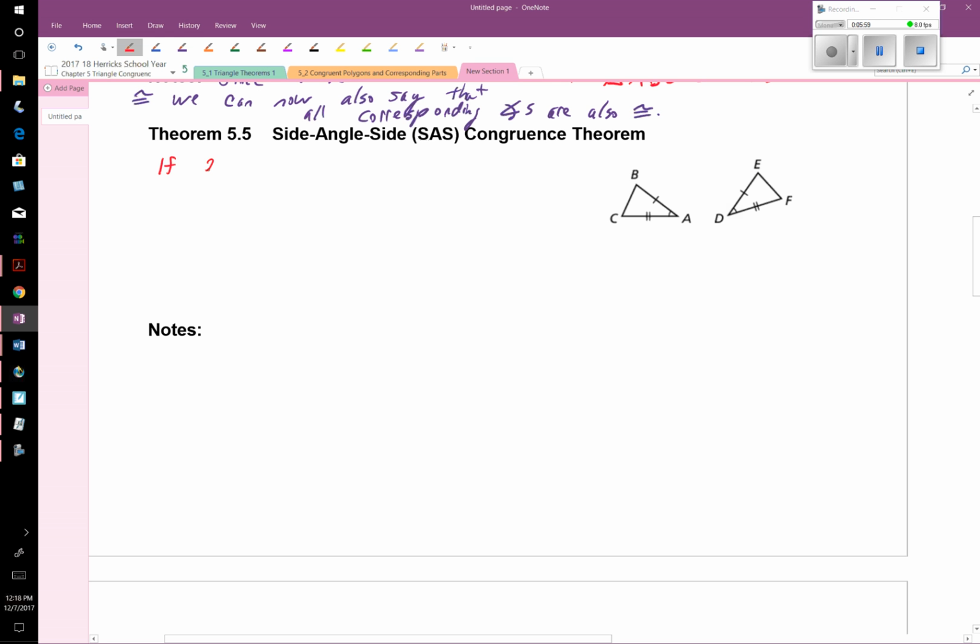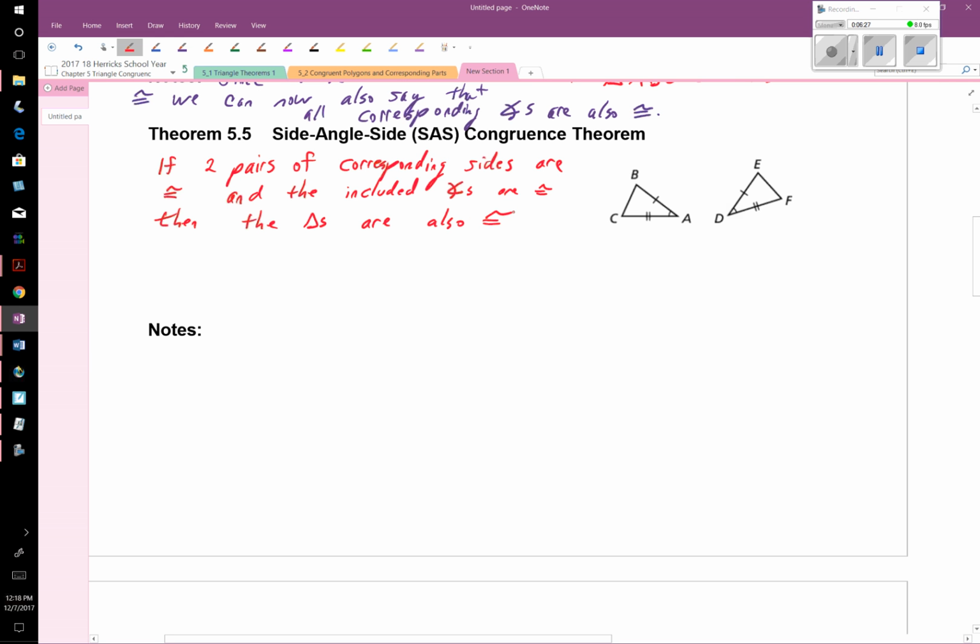If 2 pairs of corresponding sides are congruent and the included angles are congruent, then the triangles are also congruent.